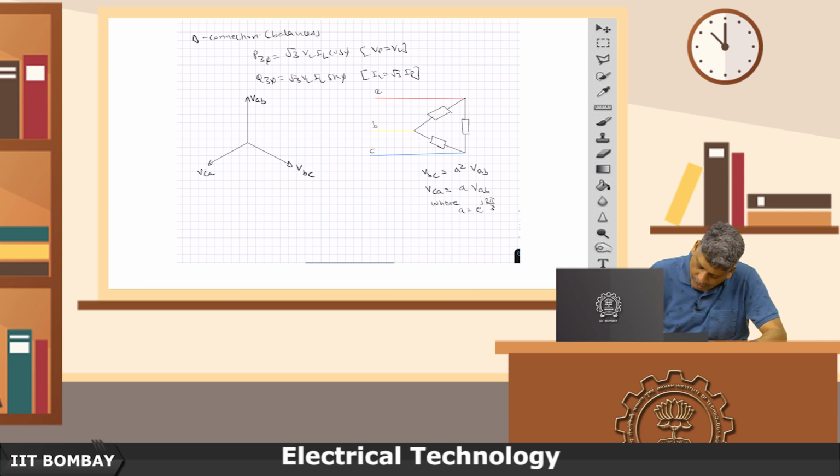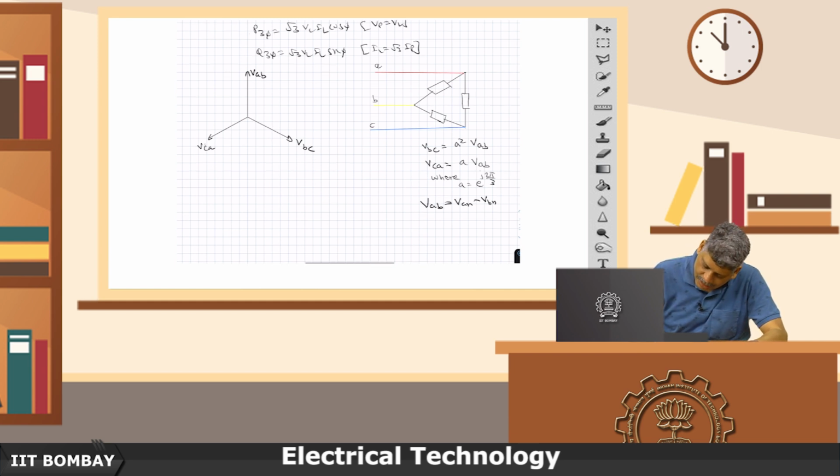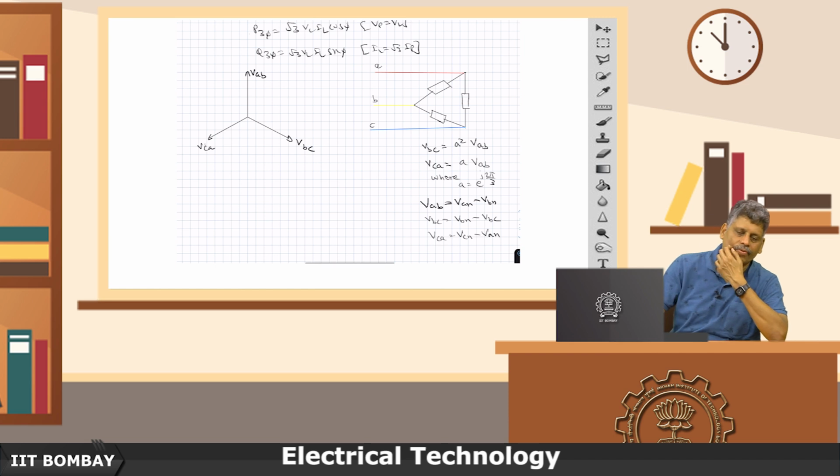Now, with respect to A to neutral and B to neutral, this is what VAB means, this is what VBC means, and this is what VCA means.